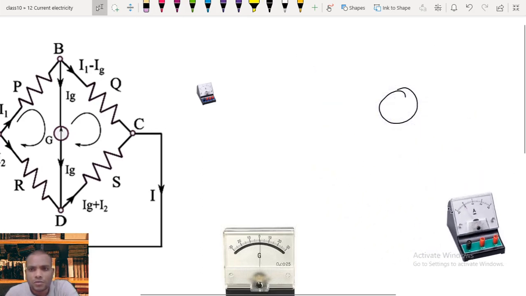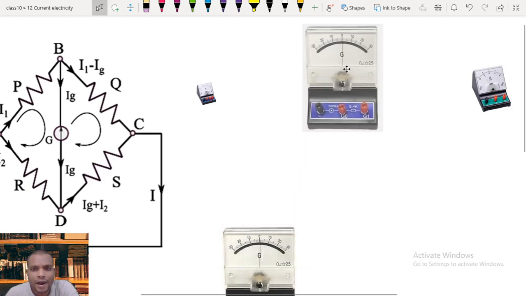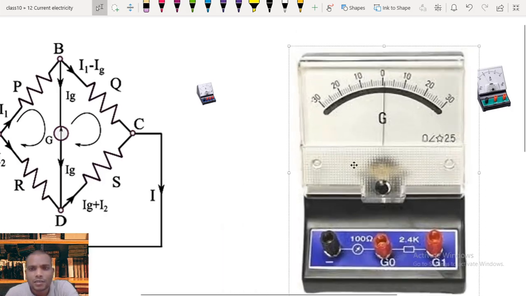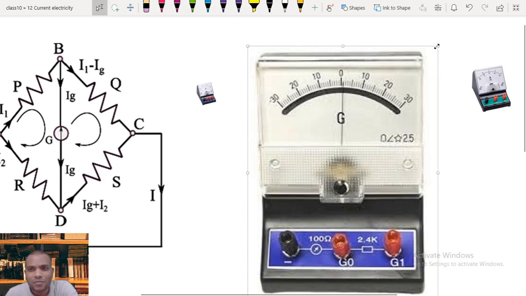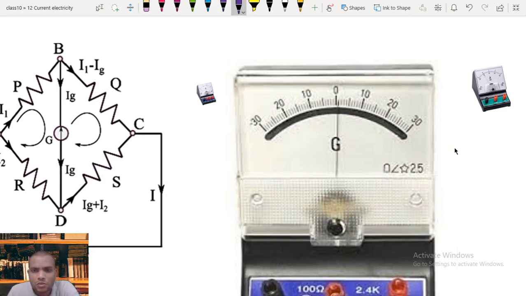Apart from these two, voltmeter and ammeter, we will use one more meter. Its name is galvanometer. The galvanometer is used to identify the presence of current in the given circuit. Unlike the voltmeter and the ammeter, the galvanometer is used to find the presence of current or to find the direction of current.